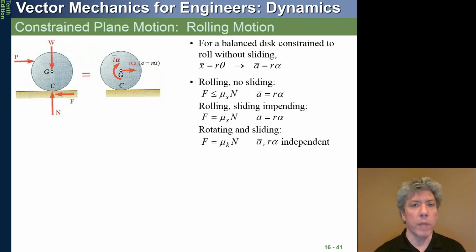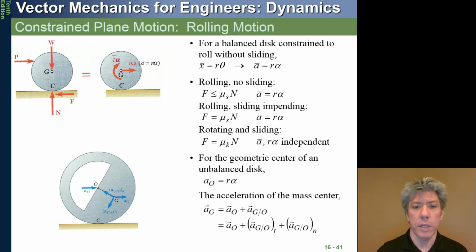If we're at the limit of what friction can do, and the friction force is equal to the static coefficient times N and not just less than that, then the linear acceleration and the angular acceleration are still related to one another. But if there is rotation of the disk and the disk is sliding, if it's slipping, then the friction force is equal to the kinetic friction coefficient times the normal force, and the angular acceleration and linear acceleration of the center of mass of the body are independent of one another.